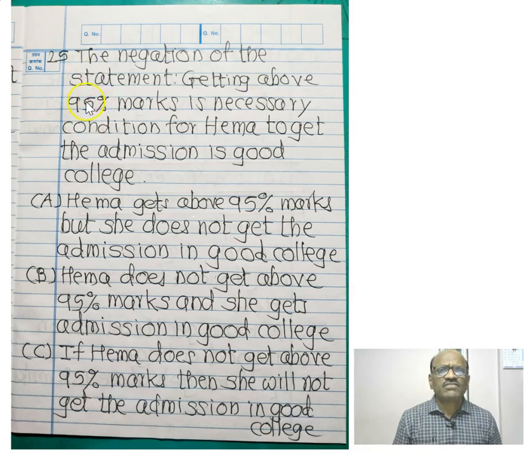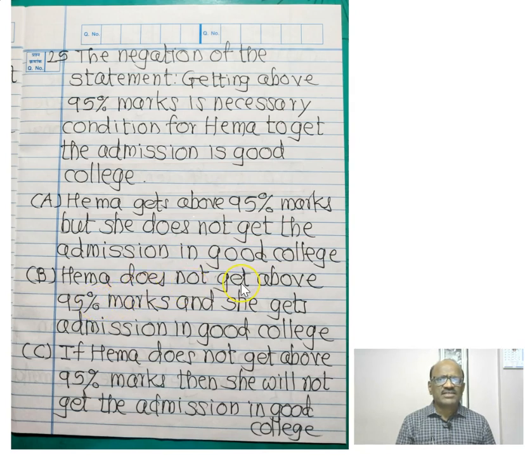The negation of the statement: getting above 95% marks is a necessary condition for Hema to get admission in a good college. The options are: first, Hema gets above 95% marks, but she does not get admission in the good college.